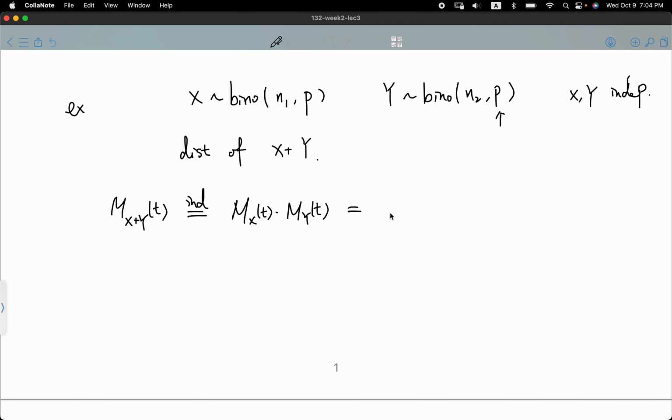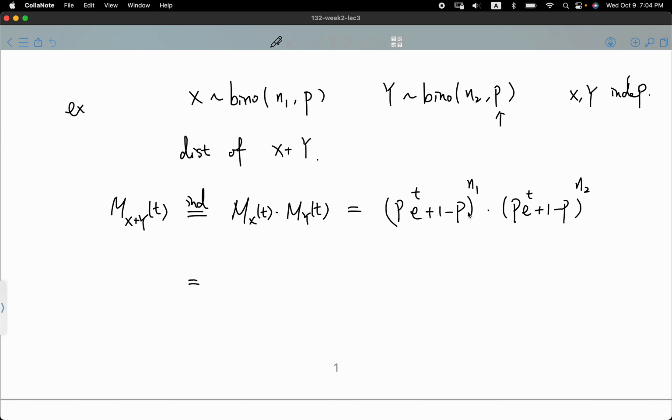This is what we derived earlier, which is the probability p multiplied by e^t plus 1 minus p, and then raised to the power of the number of tosses. So for X, this is n1. And for Y, because they share the same p, we have this raised to the power of n2.